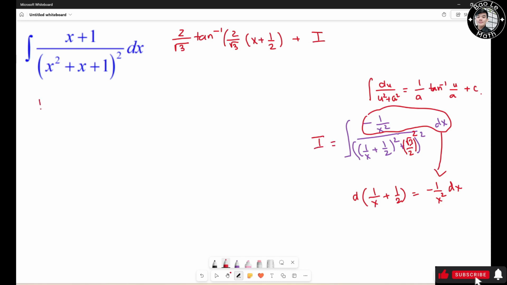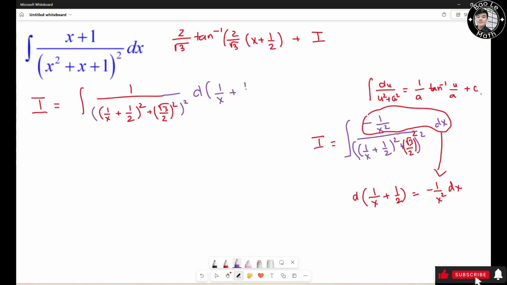So I have I equals the integral of 1 over 1 over s plus 1 half altogether square plus root 3 over 2 altogether square, and the whole thing squared, and d of 1 over s plus 1 half.